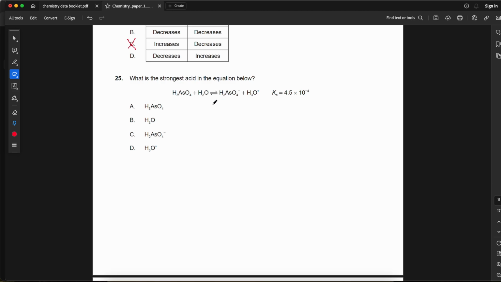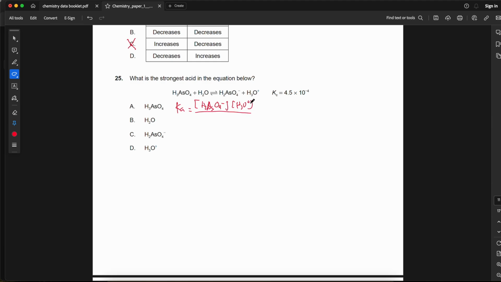What is the strongest acid in the equations below? When you look at the equation below, the expression would be Ka, so product, H2AsO4 minus, and H3O plus.